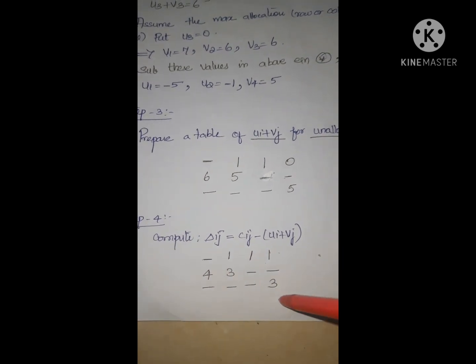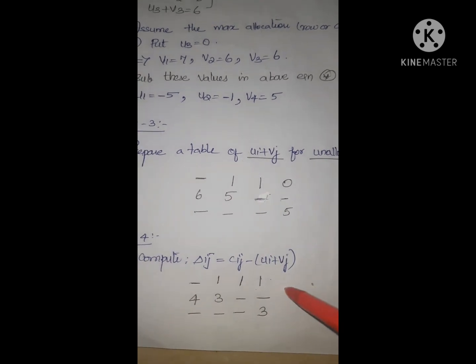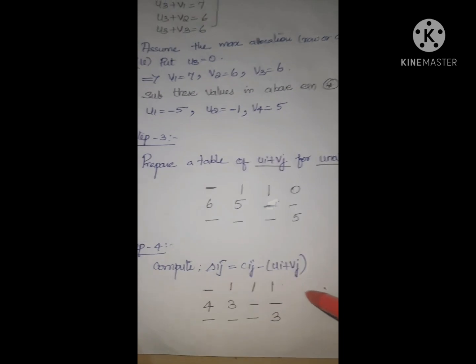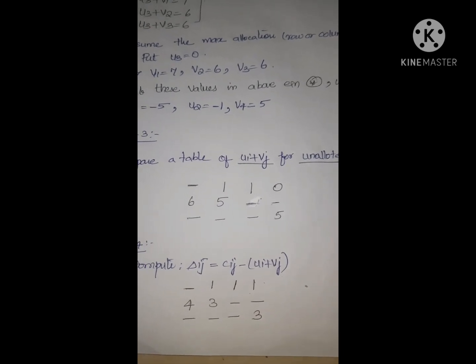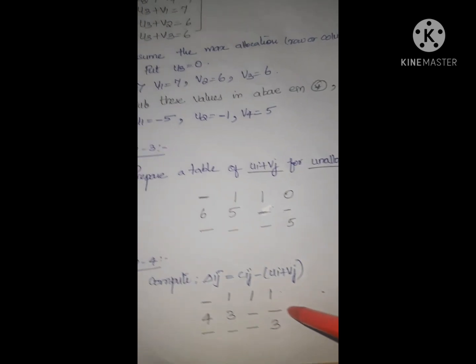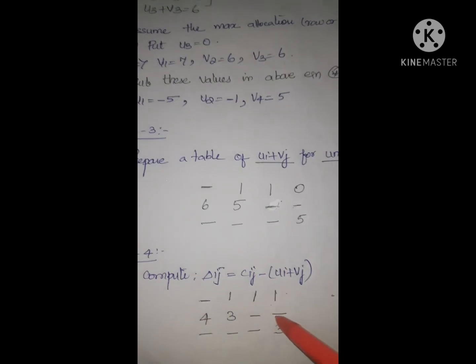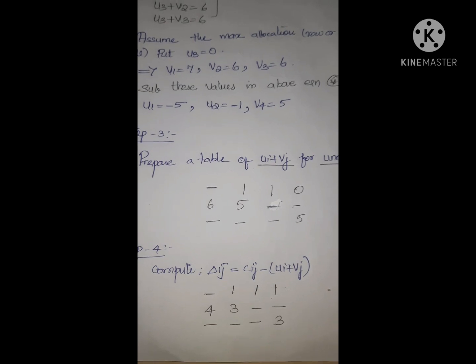We should check whether all these delta values are greater than or equal to 0. If so, the optimal solution is reached. Otherwise, if we come across even one negative quantity, less than 0, then the optimal solution is not reached.